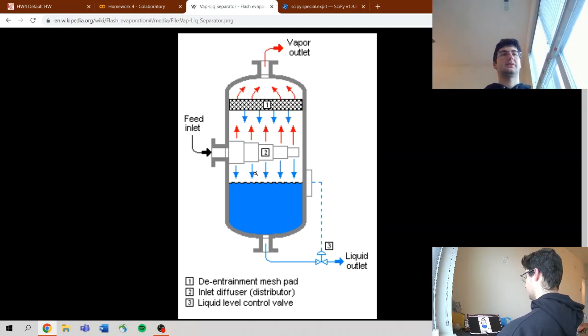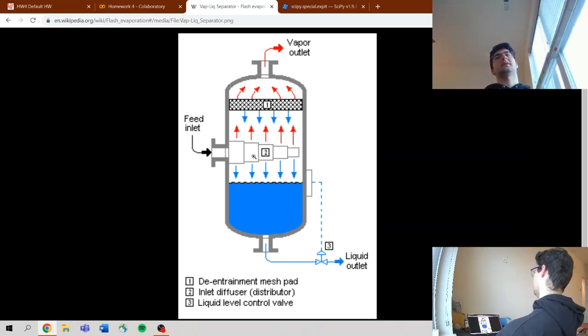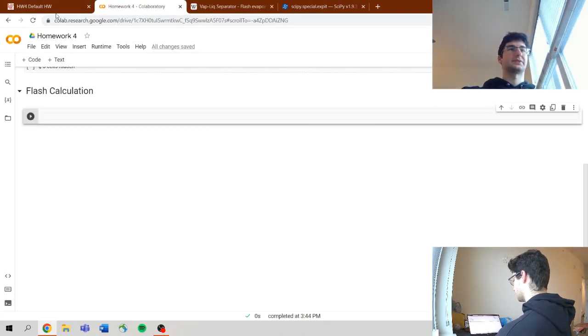Those vapor and liquid phases follow Raoult's law, as we talked about in the last two parts. That correlation between gas phase pressure and liquid composition is going to be the key to solving this problem. So let's jump into it.